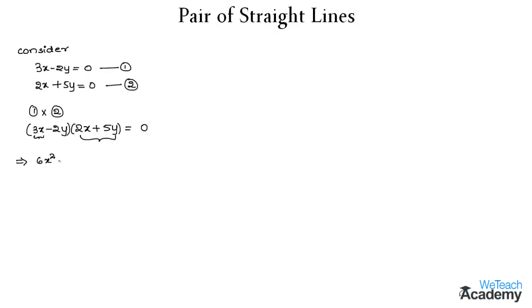Then 3x into 5y, which is 15xy, then minus 4xy, and then minus 10y square = 0. Now let us combine the similar terms, so we get 6x square plus 11xy minus 10y square = 0. Let us name this as equation 3.